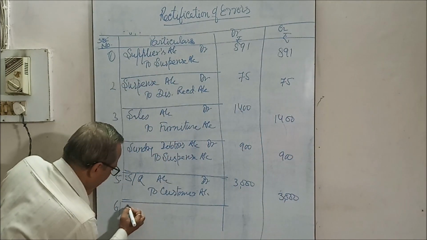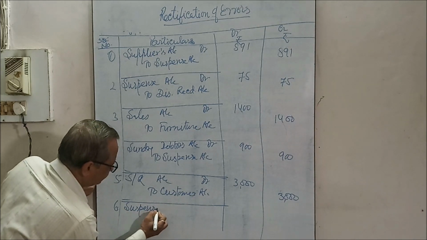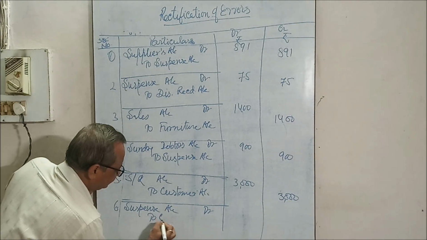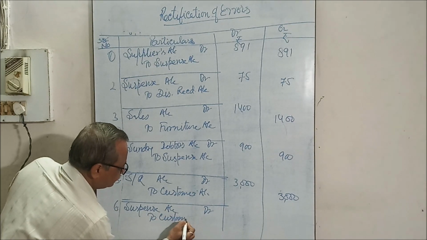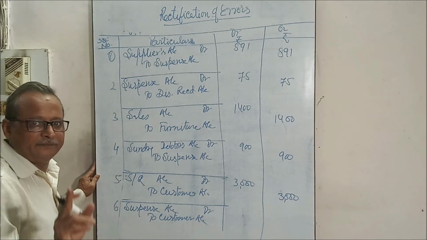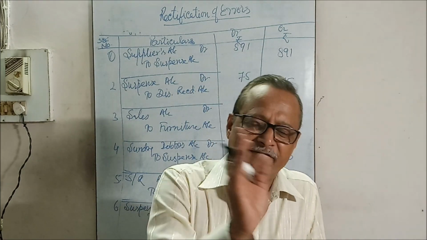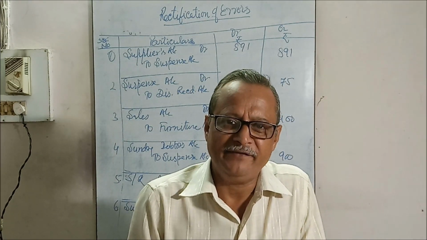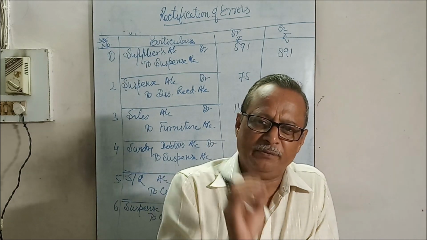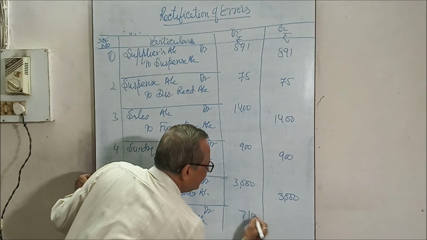Then the entry should be passed as suspense account debit to customer account. 355 should be credited in customer's account but was wrongly debited by rupees 355. Then credit amount plus debit amount both should be added, and that is 710 rupees.